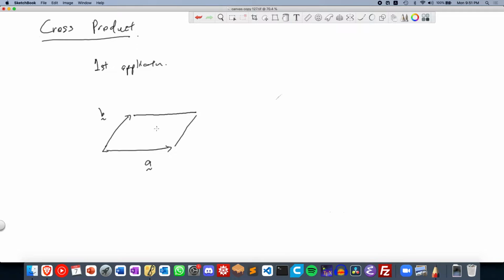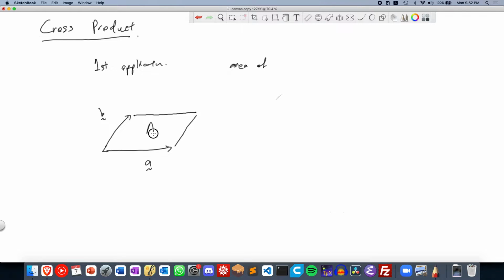If you have the vectors A and B, then imagine the parallelogram spanned by them like this. You bring the B vector over, keeping it parallel to B, and this side is parallel to this. So just a parallelogram. Then what is the area of this parallelogram?